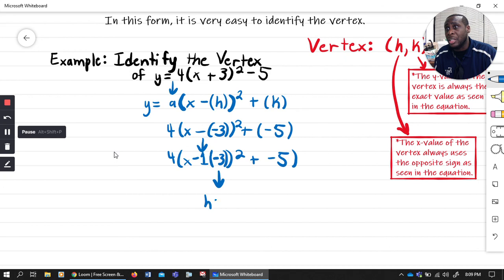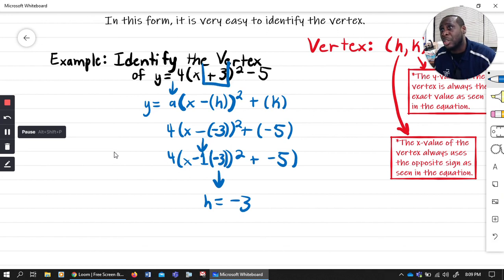Again, h is negative 3, which is the opposite sign of what was written there, even though it did say plus 3.